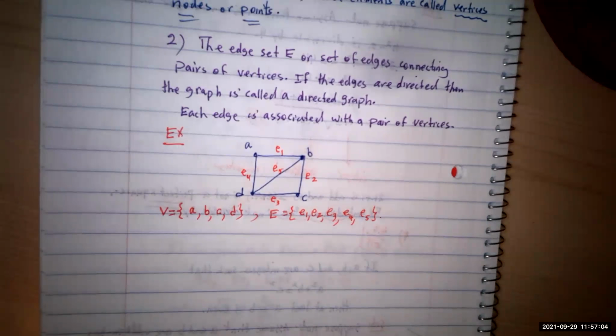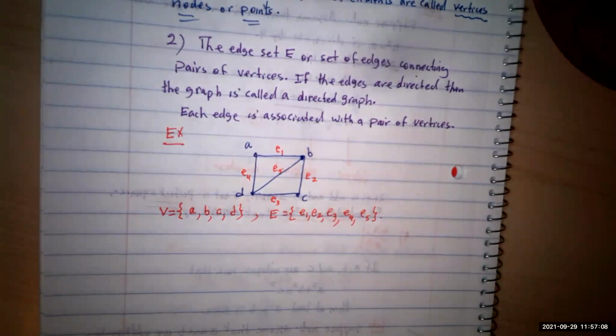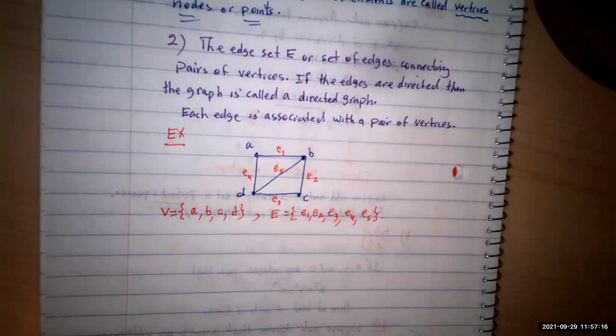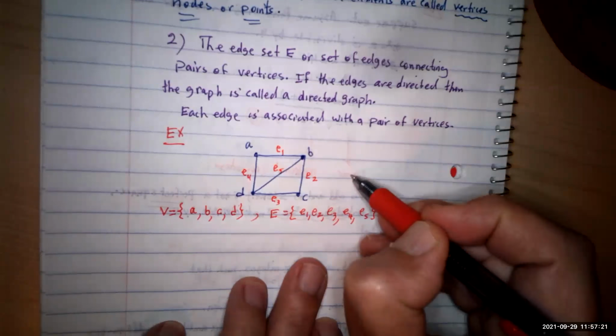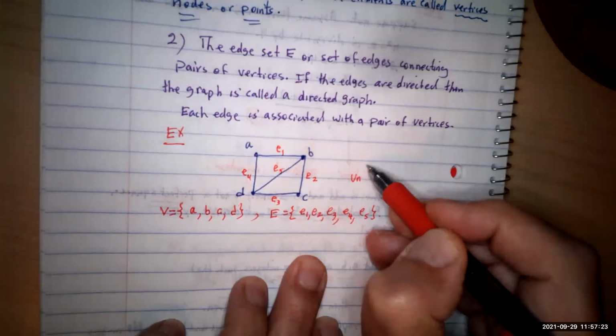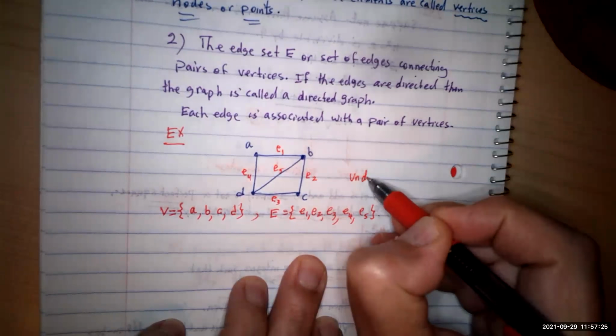So this graph would have 4 vertices and 5 edges. There is no direction on those edges, so this is not a directed graph. Okay, it's going to be undirected.